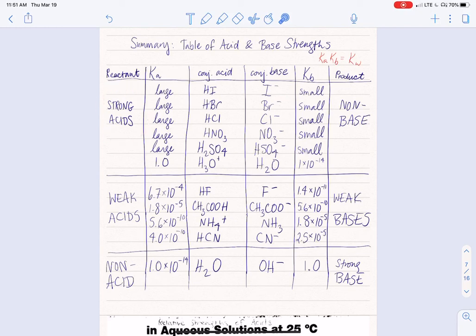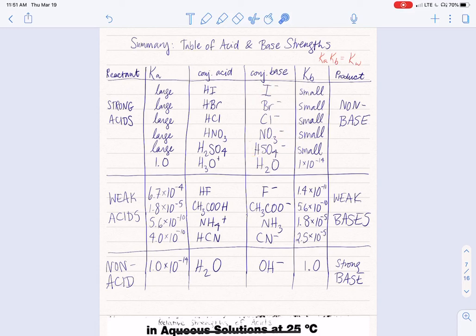I've listed the strong acids here in decreasing strength: HI, HBr, HCl, HNO3, and H2SO4. For all of these, their Ka is huge. I can write their conjugate bases just by peeling off one proton to make I-, Br-, Cl-, NO3-, and HSO4-.